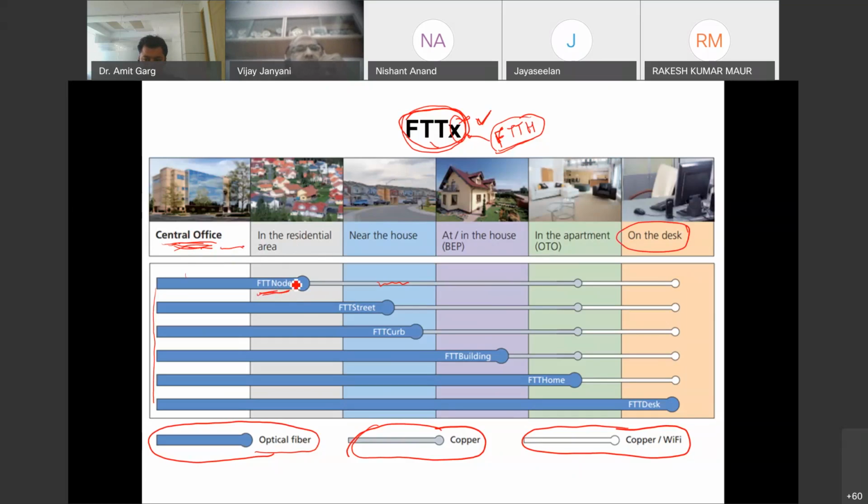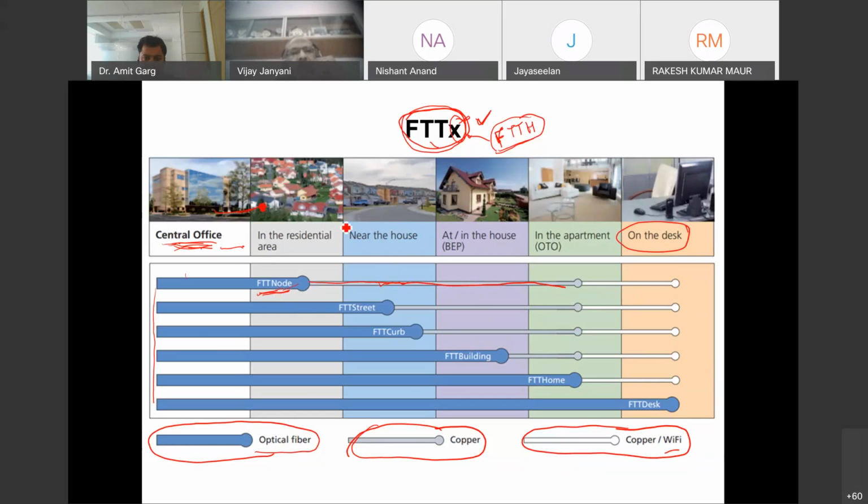It means that maybe the fiber is coming to your outer area, let's say you live in a big colony, and outside that, fiber is coming up to this point. After that, from that fiber, you are either using copper, or of course Wi-Fi also. So you can call it FTTN, that is fiber to the node.